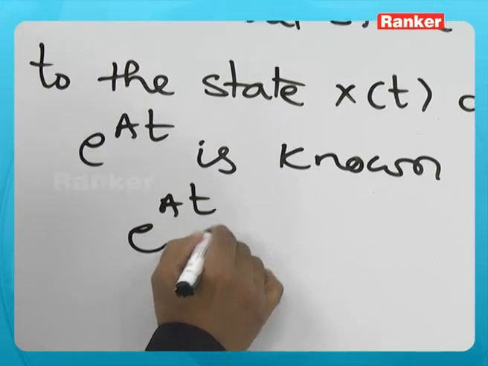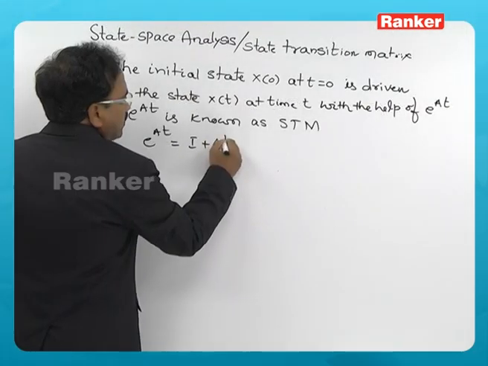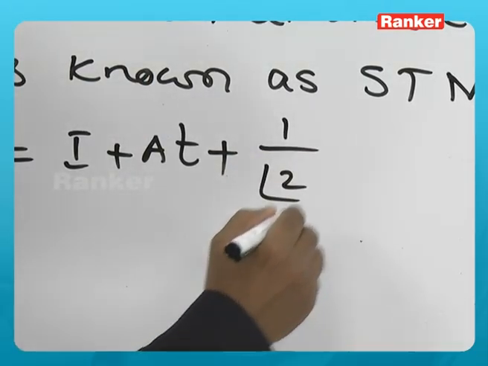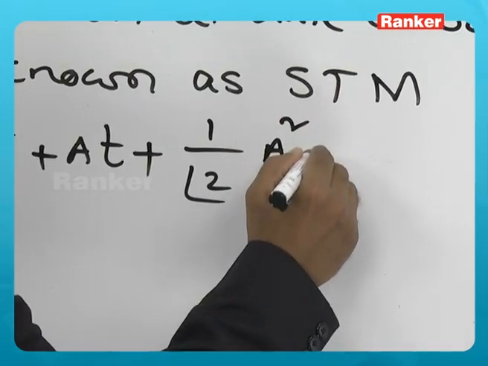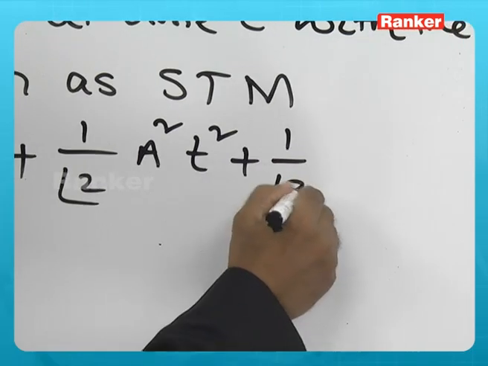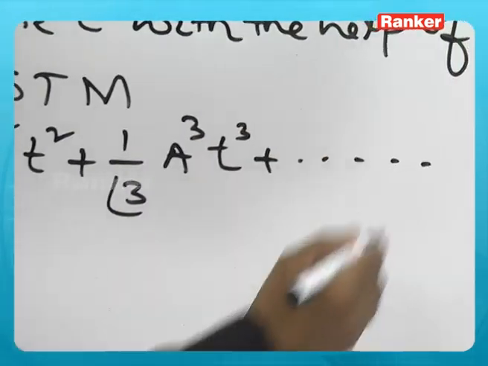So, this e to the power At is equal to I, the identity matrix, plus At plus 1 by factorial 2 A square t square plus 1 by factorial 3 A cube t cube plus and so on.